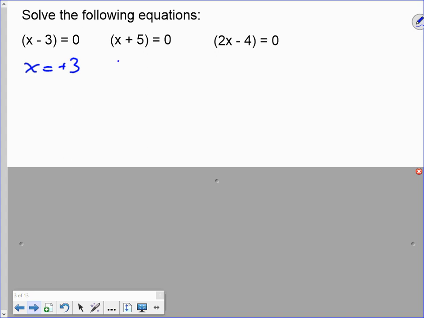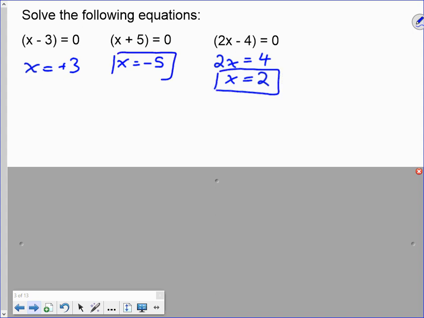My solution here is going to be negative 5, because negative 5 plus 5 equals 0. This one might take a little more work. I'm going to bring the 4 over to the other side, and then divide by 2, and I get x equals 2.